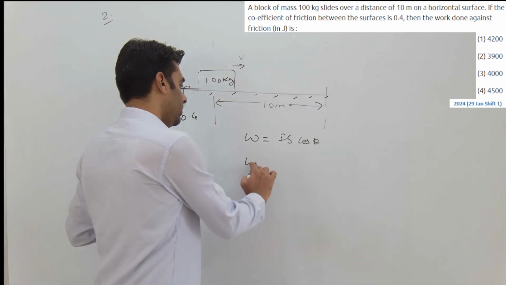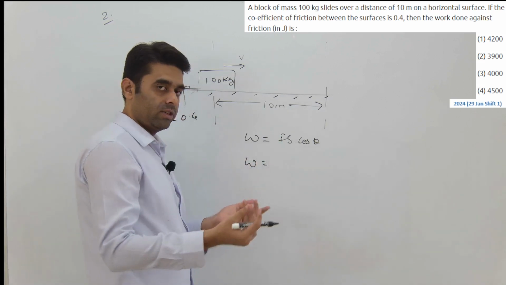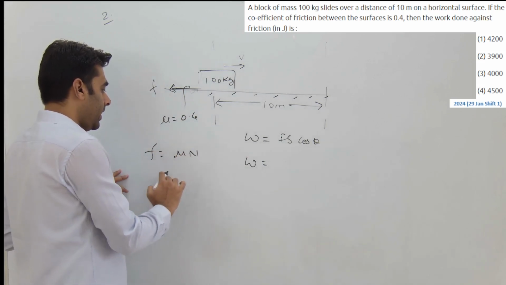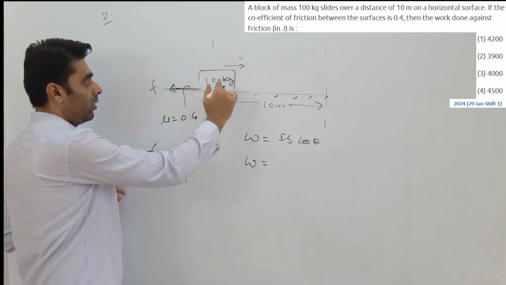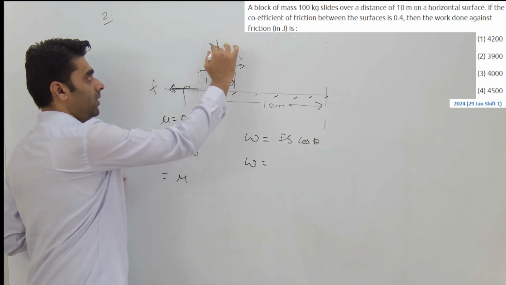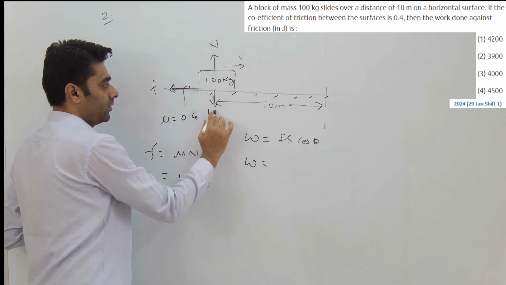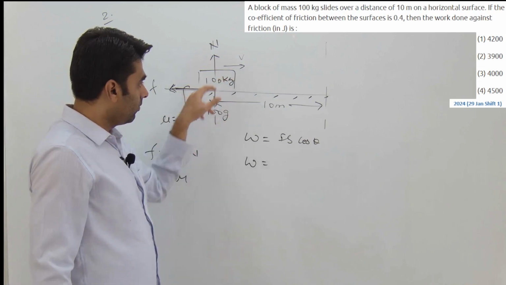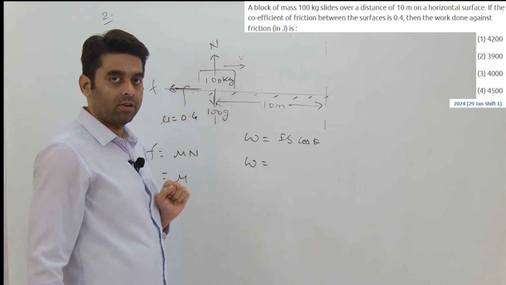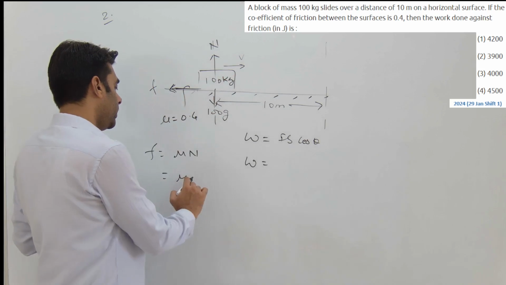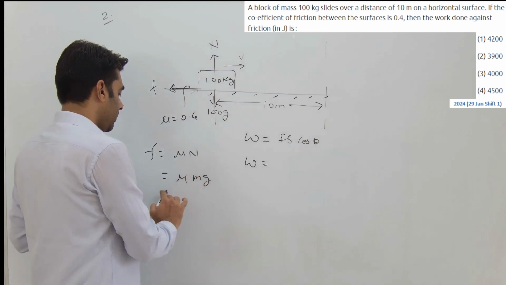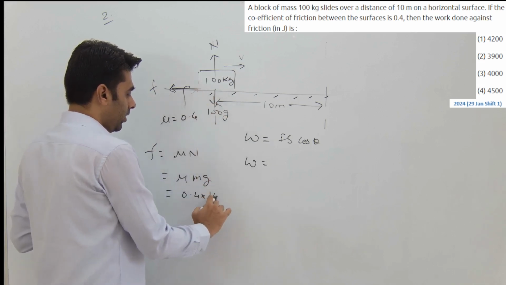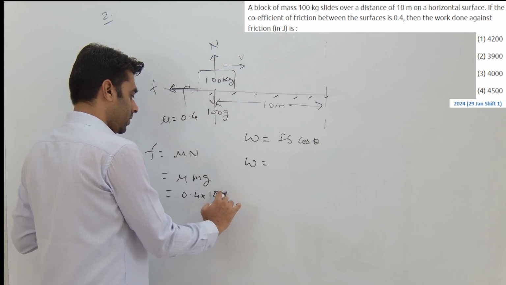So W equals force times displacement times cos theta. How much is our force? Friction force we can write as mu into N. Normal is upward, mg is downward, and mg is 100g. From the FBD, we can say normal equals 100g. So mu into mg is 0.4 into 100 into g.